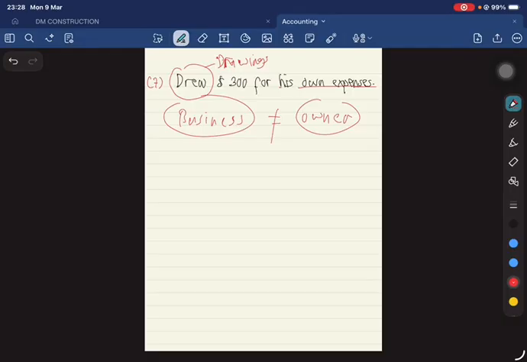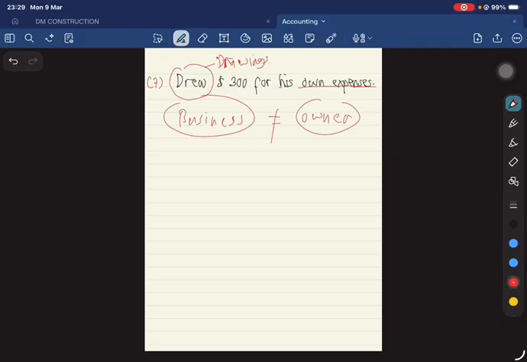So the owner drew $300 for his own expenses. It's drawings because the money the owner drew is for his own expenses, not for the business expenses. Assuming he drew the money for business expenses, then it wouldn't have been drawings. But he drew it for his own expenses.